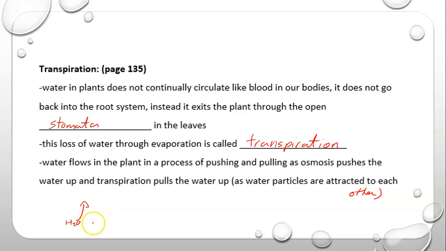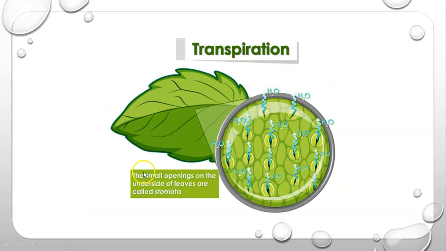Because gravity is going down, but the water is going up, and all of this works together, right? And so we see that water coming through. That is what transpiration is. That water coming through the stomata on the underneath of the leaves.